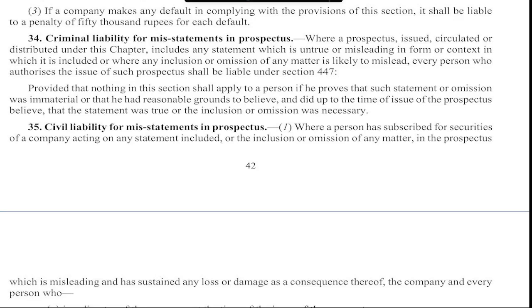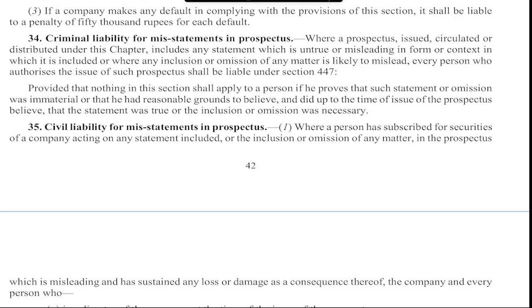How important is making a true statement? That much important is not omitting the true statement also. Prospectus should contain all true statements, meaning it should not contain false statements, and it should not even omit true statements.